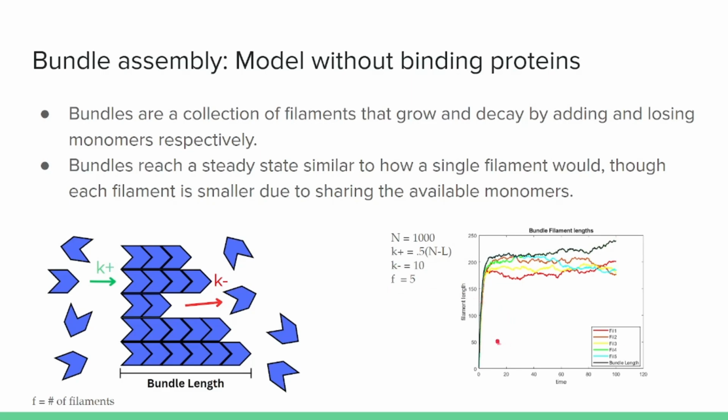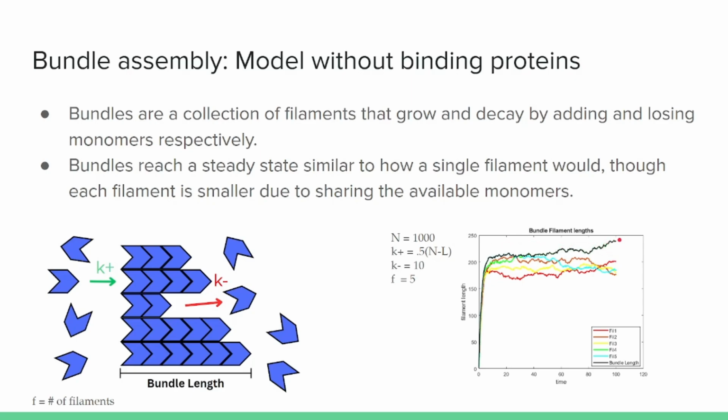This tracks each of the filament lengths as well as the bundle length, which is a transparent black line on top of the rest. So as you can see, each filament in the bundle is within a steady state range of one another.